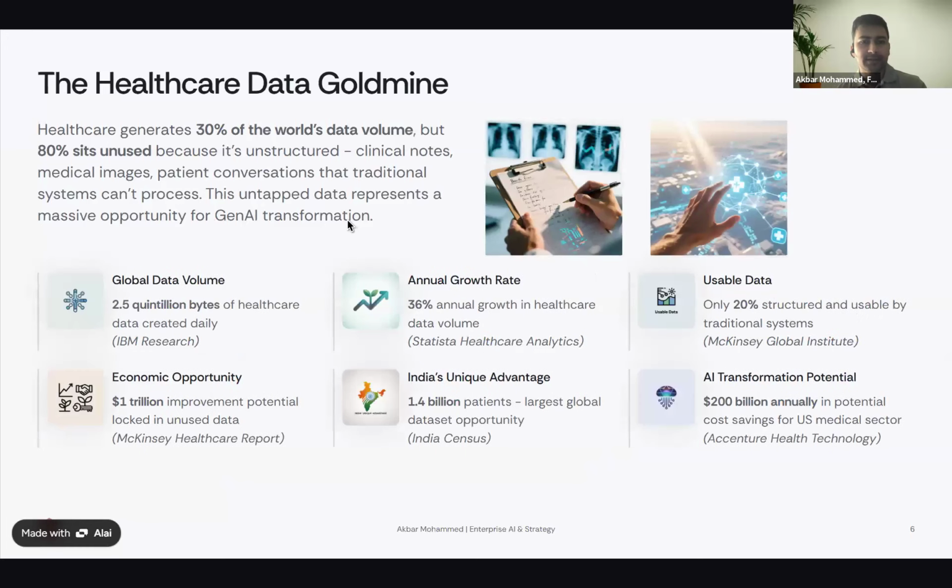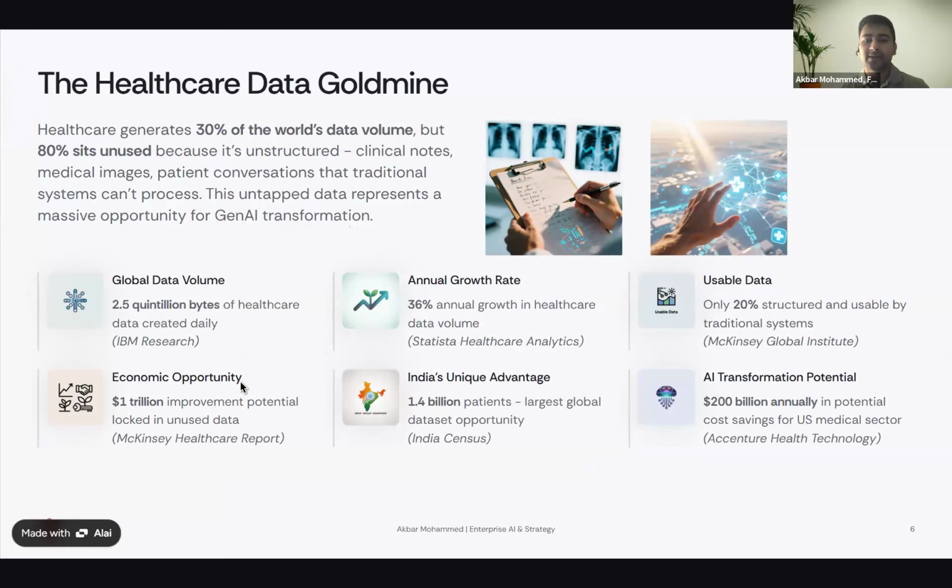So here's a summary of the kind of data that we have. There are about 2.5 quintillion bytes of healthcare data created daily. Right? Imagine everybody going through the system and data being logged. So globally, there's this much data being created, and it's growing. It's growing by 36%, and of which today mostly usable data from a single entity perspective is only 20%. So the other 80% is not used.